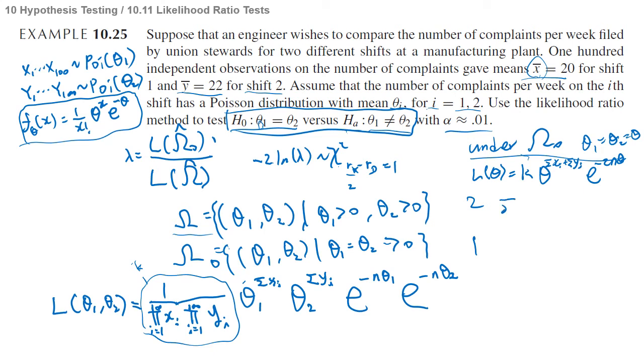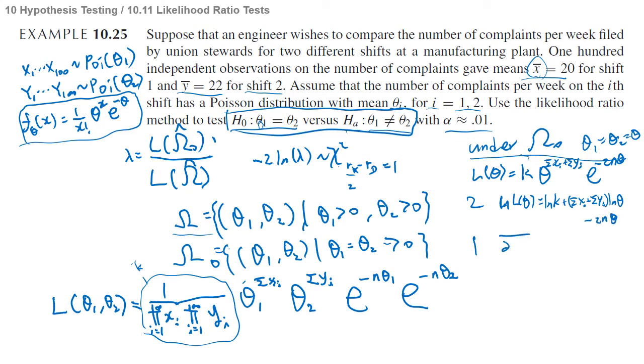So let's take the log, ln L theta. This is ln k plus sum of xi plus sum of yi, times ln theta, minus 2n theta.